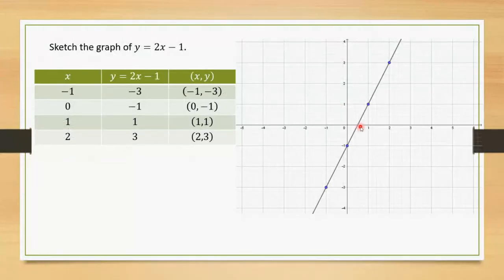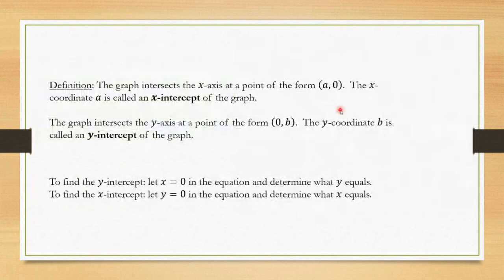You can kind of see that from here, because the y coordinate has to be 0 because you're on the x-axis. What that number a is depends on the actual graph, but it has to look something like this. And in a similar way, the y-intercept is going to cross the y-axis at a point of this form.